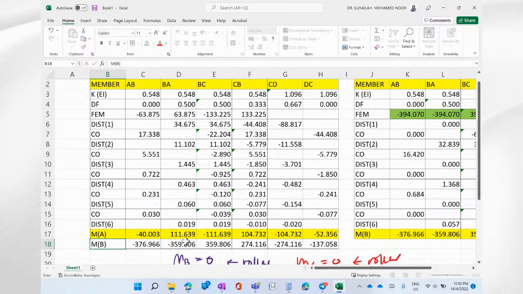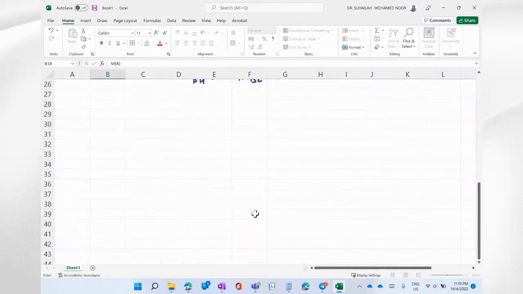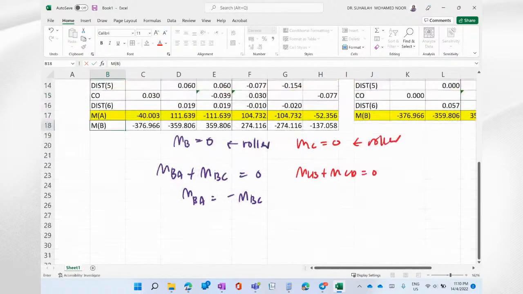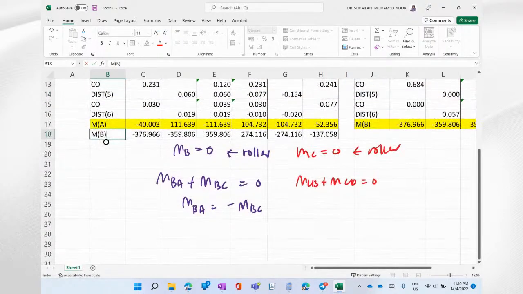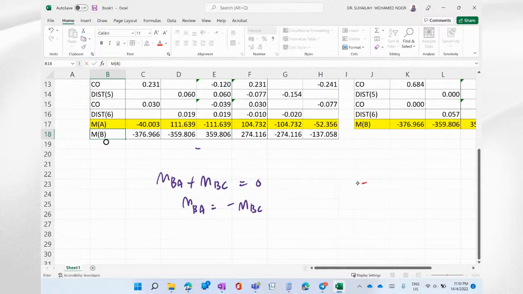Of course, you have to do it in a different table or write it one by one. This is to skip the step, so I am calculating it straight away. So we have to find the total.